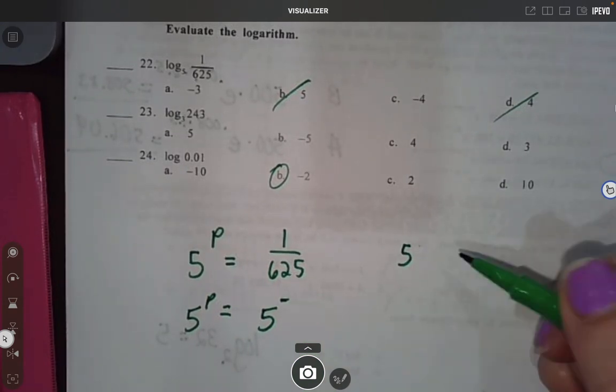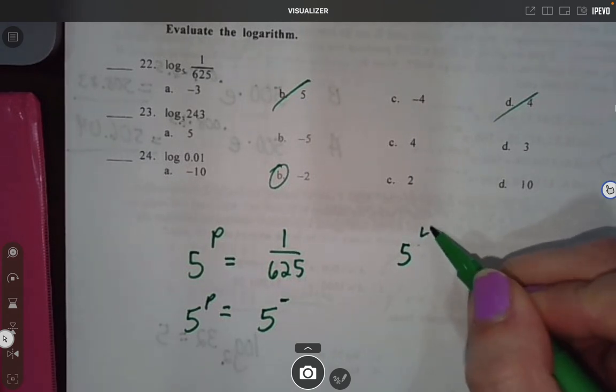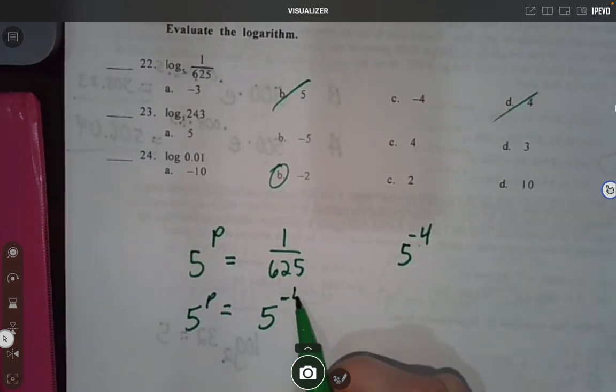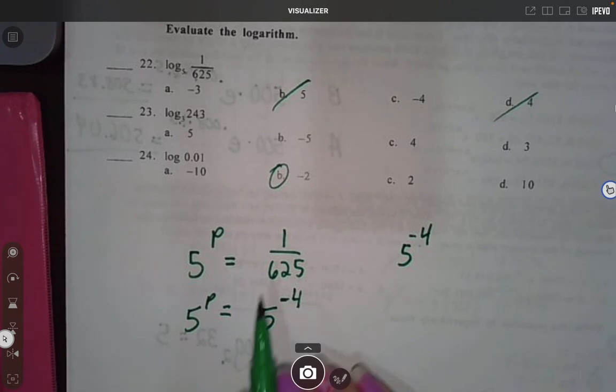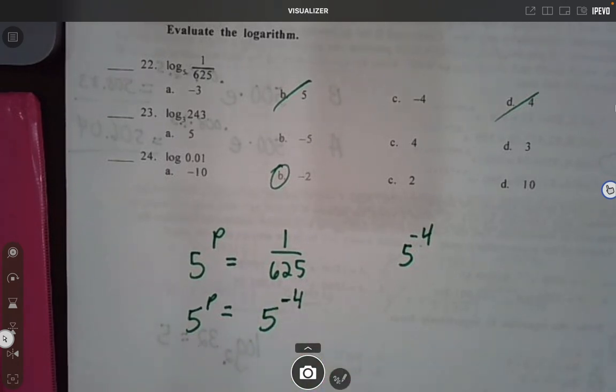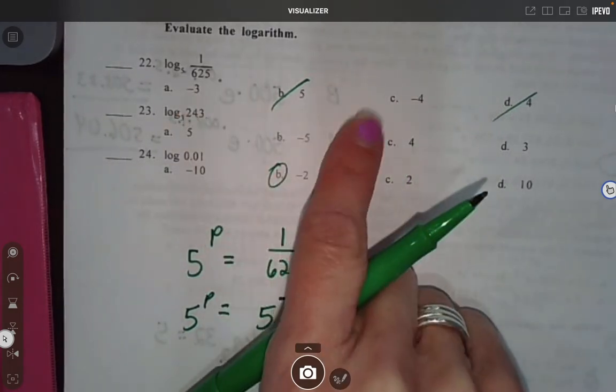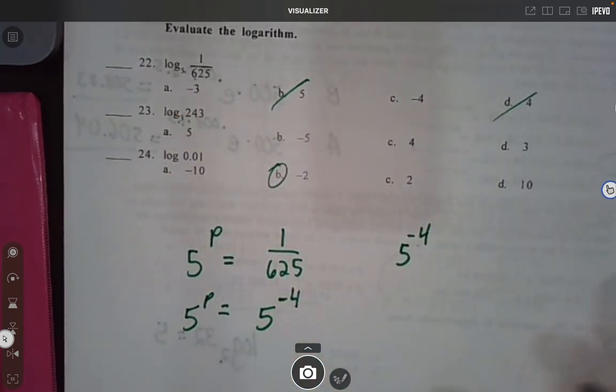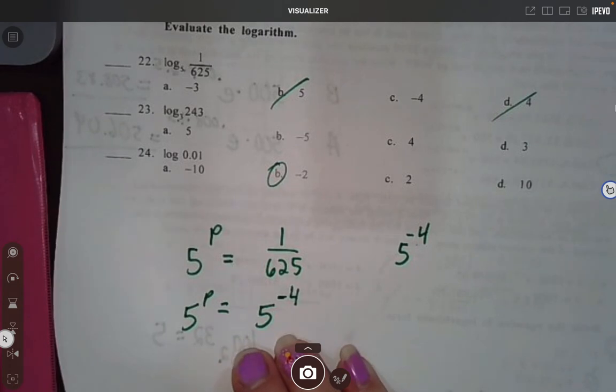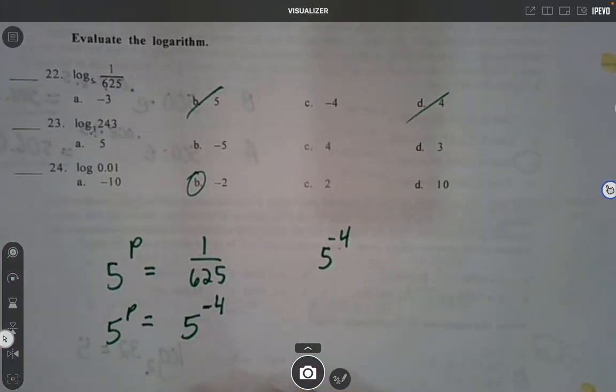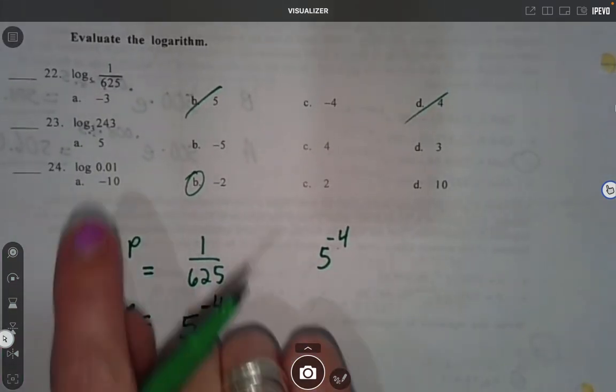How many times do I have to multiply 5? 4. But it's going to be negative, right? Because of the fraction. So P is -4. All right. Do y'all remember that yesterday? Yeah. And again, you can just do trial and error on your calculator. Okay. Math enter.